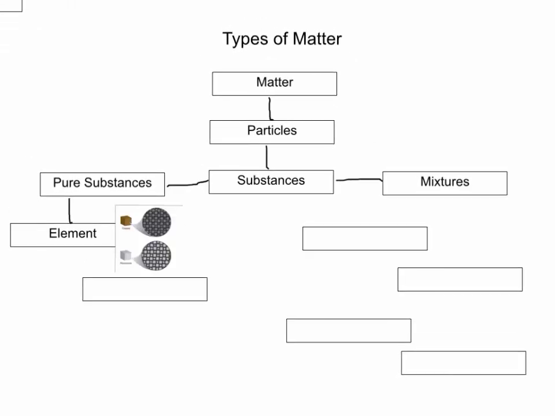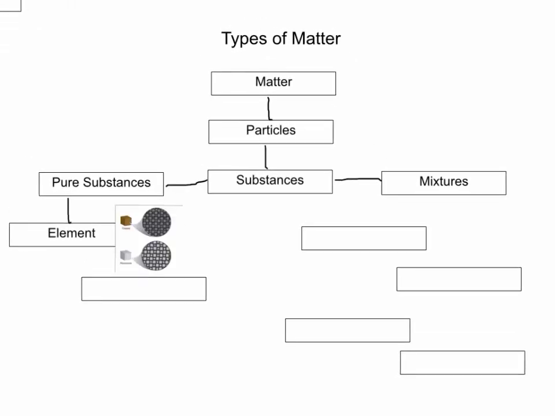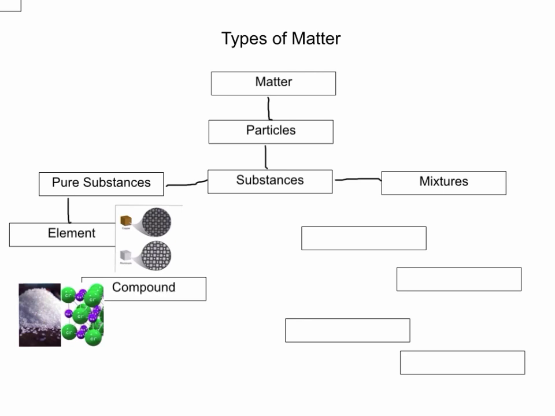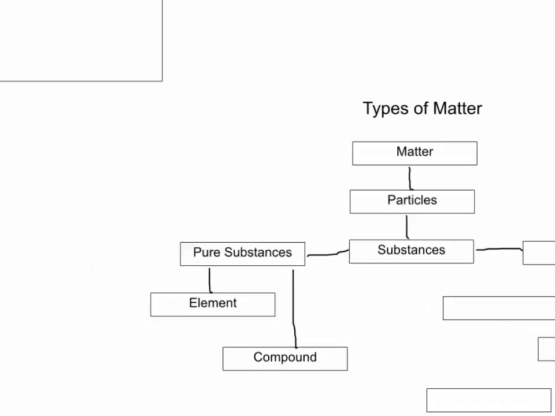The other type of pure substance is the compound. Now, a compound is going to consist of multiple types of atoms altogether.